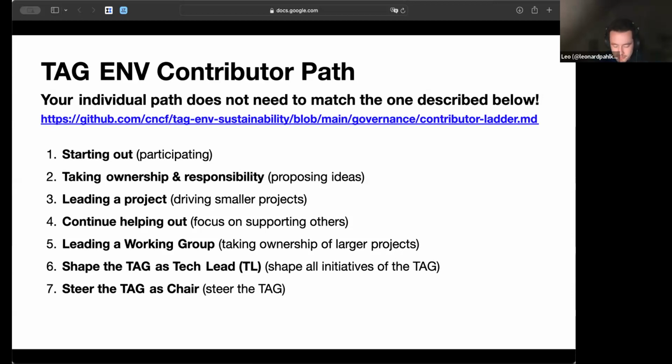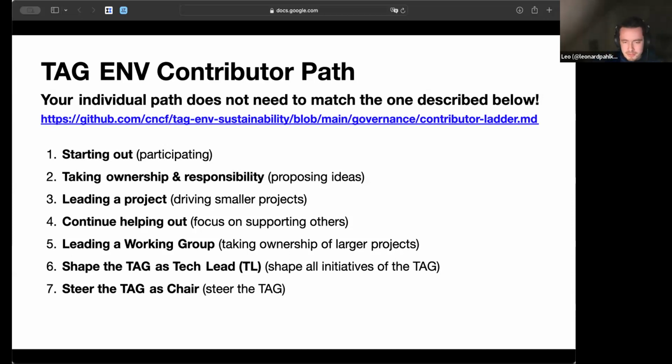So I think the important part first is that if you're interested in the TAG, that you just observe, that you participate in meetings, just listen a little bit. For example, also look at the slides in terms of, okay, how is it structured? Does it fit my idea of working with the open source community? How are they communicating and so on? So starting out is a lot of showing up and just observing if it's a good fit.